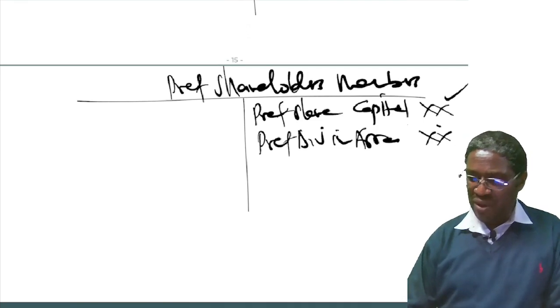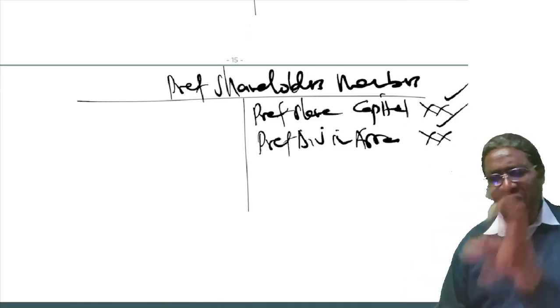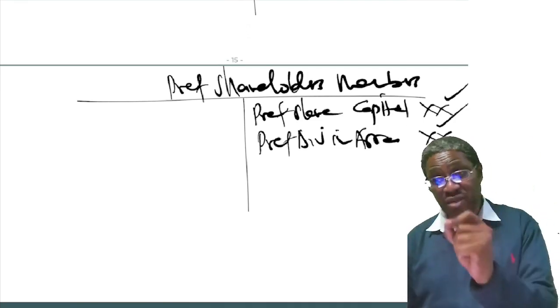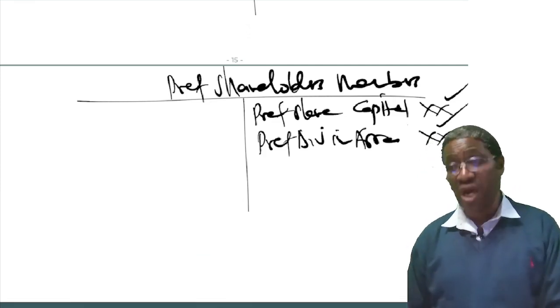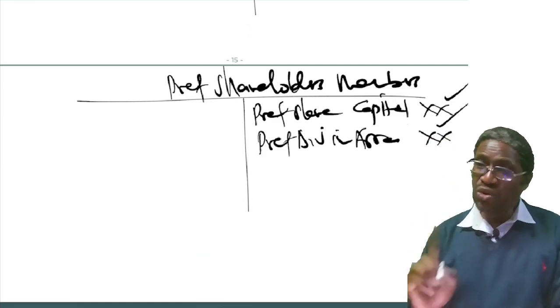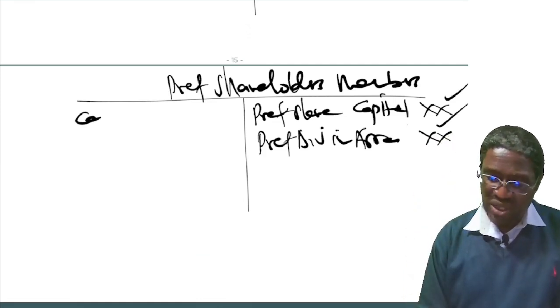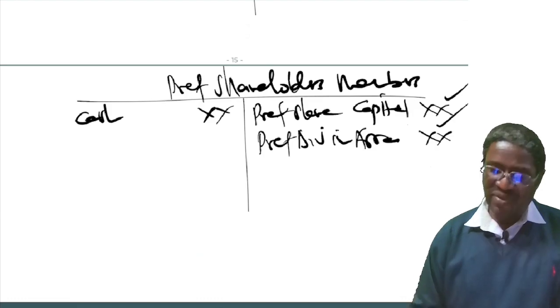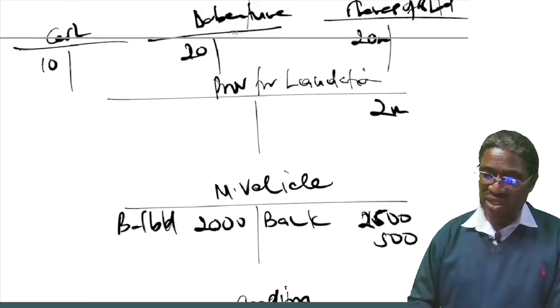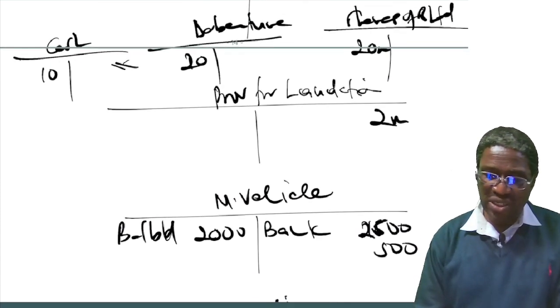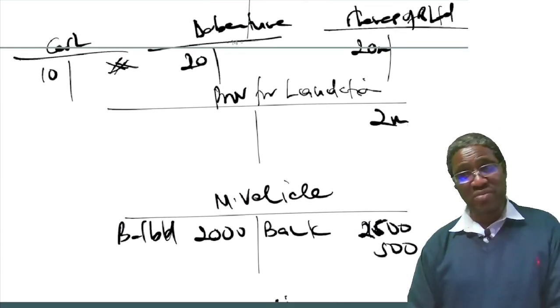We owe them their arrears on the credit. Now a time has come for you to pay them. If the question tells you you are giving them cash as a payment, then you go credit the cash and you debit the members here. Whatever it is, you credit cash. Remember, you debited it when you received it here. Now you come and credit it here and you debit the members.